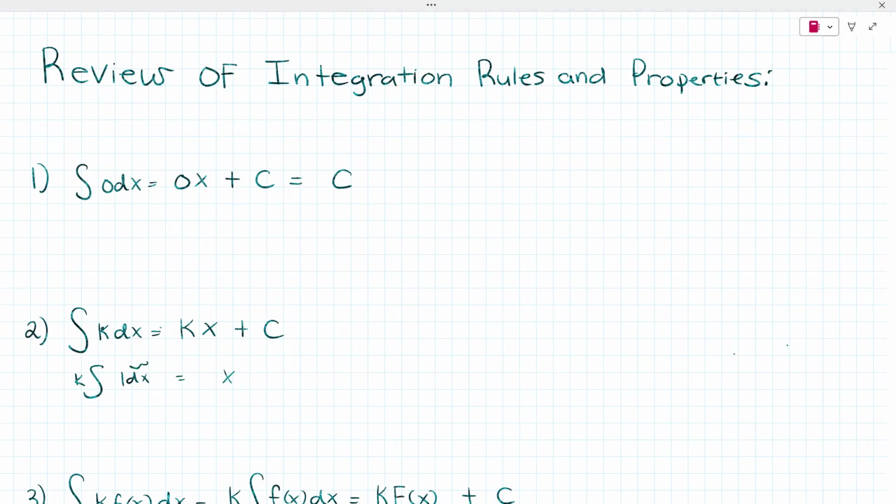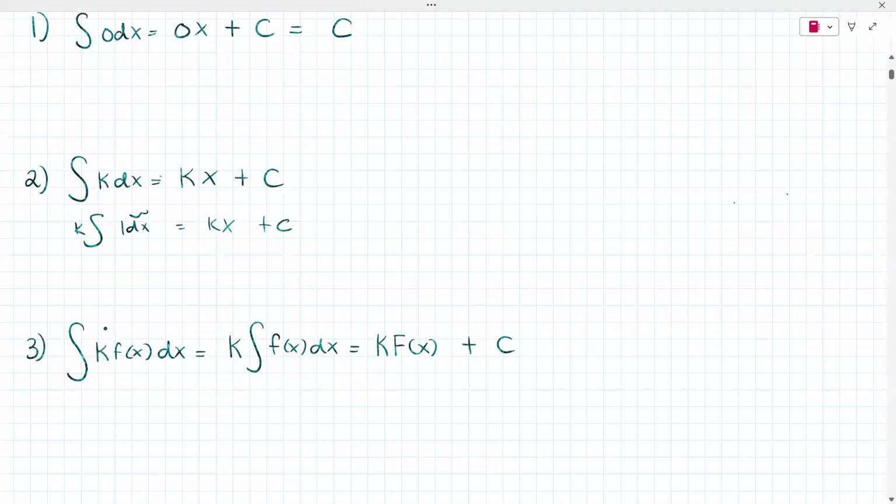Since it's dx, we're going to put in x, and then bring down your constant, plus c. And then the integration of k f of x dx is k times the integration of f of x dx, which is k f of x plus c.